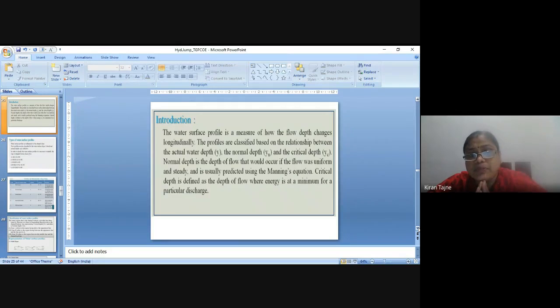Critical depth is the depth of flow where energy is at a minimum for a particular discharge. We have already seen this. So yc is the critical depth where energy is minimum, and these depths are usually predicted using Manning's equation. Just now we have seen V is equal to 1 by n, R to the power 2 by 3, S to the power half.